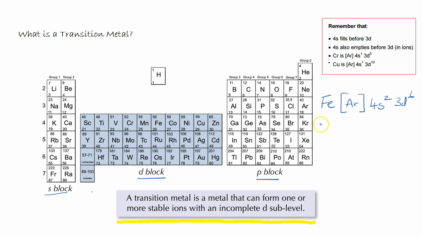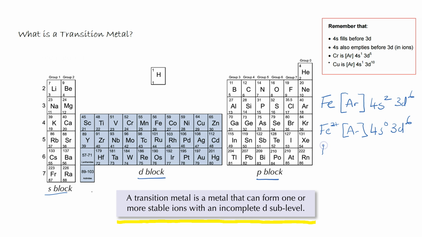Now if we had Fe2+, in other words the ion of iron, we'd have Ar, and we've lost two electrons. Remember, the 4s fills before the 3d, and the 4s also empties before the 3d, so we end up here with 4s0, 3d6, because the 4s empties first.